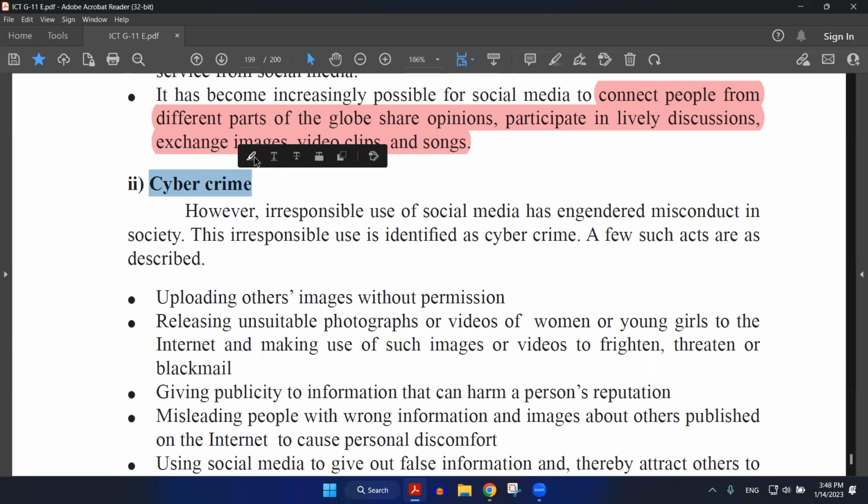As well as, I'm highlighting the cybercrime.